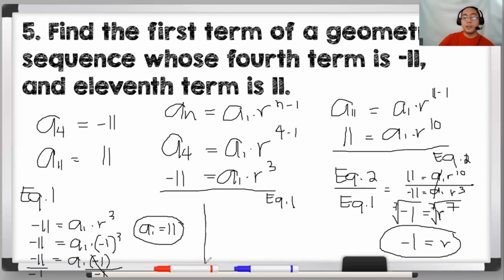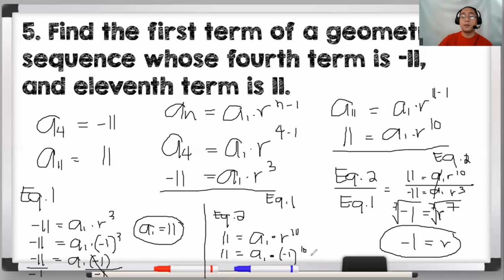If you use equation number 2, you get the same answer. Let us check using equation number 2. 11 is equivalent to a sub 1 times r raised to the power of 10, so 11 equals a sub 1 times negative 1 raised to the power of 10.